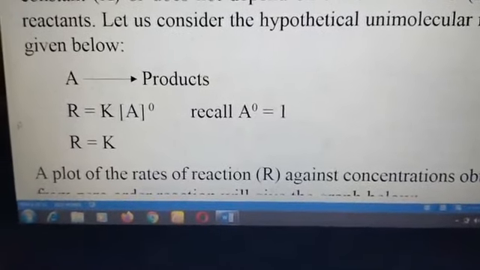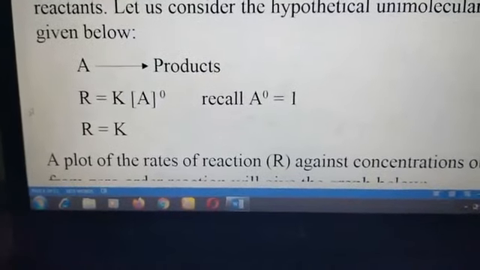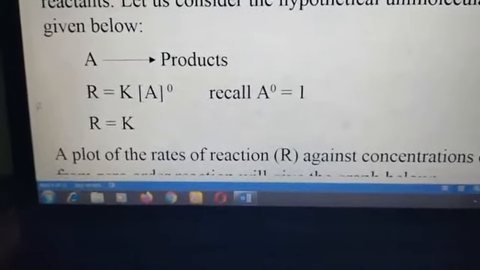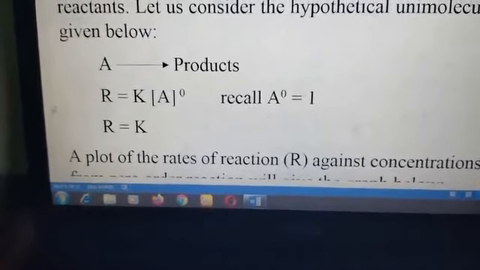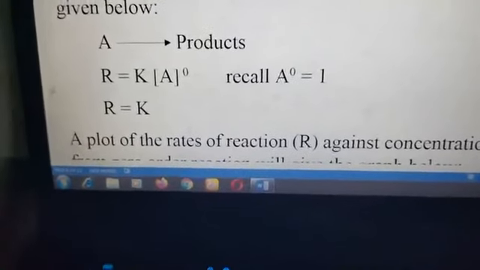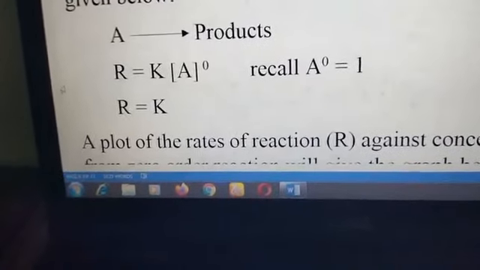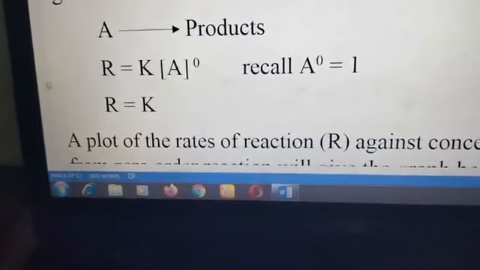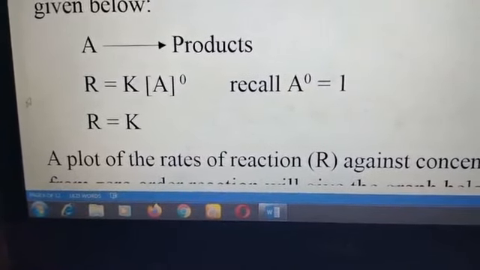So let's say A gives rise to product, and let's say the rate law for that reaction is given by R equal to K multiplied by the concentration of A, that is [A] inside square bracket. If the concentration of A is raised to power 0, this reaction is called a zero order reaction. So the concentration term, which is A, used in the rate equation, is raised to power 0. We can now say that this reaction is a zero order reaction.